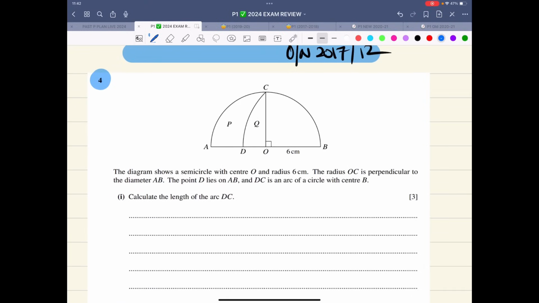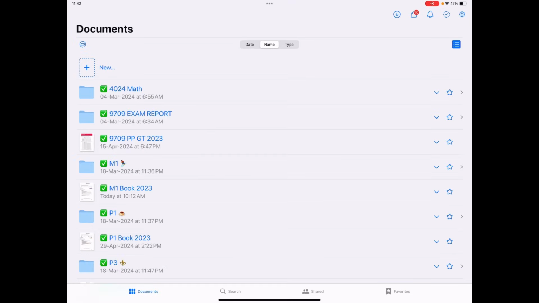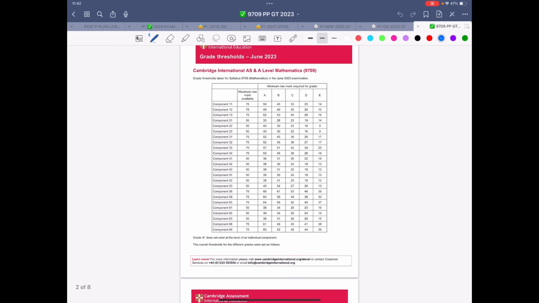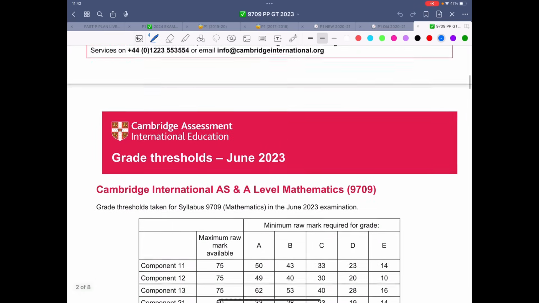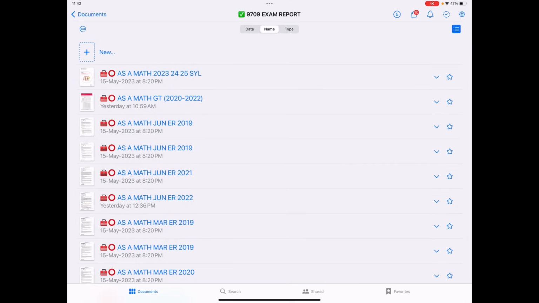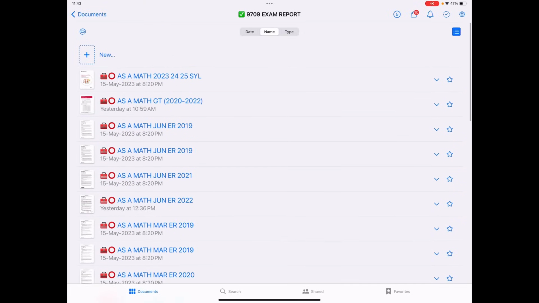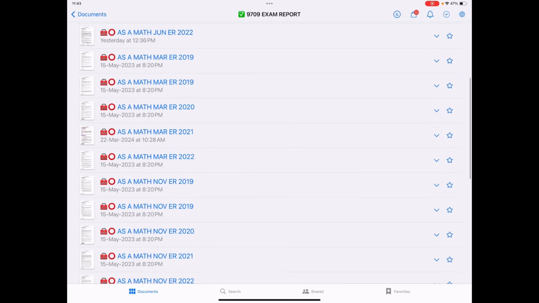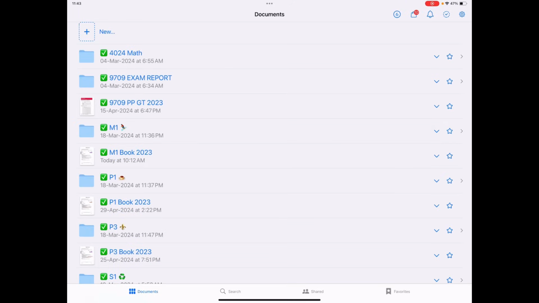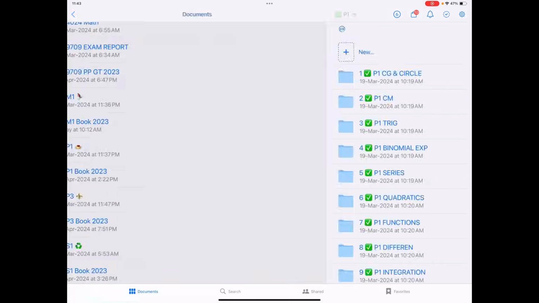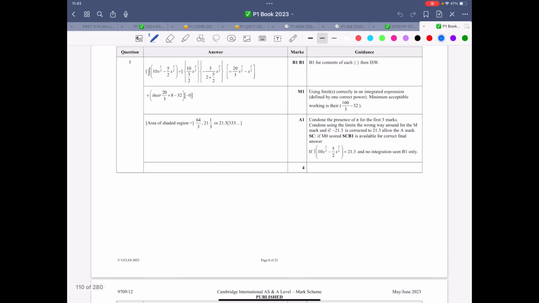Before that, let me get the thing ready. That is the grade threshold. That is one thing that I wanted to emphasize. And the exam report, the AS exam report, let me pick 2022 or 2023. I think I should have it. So this is the P1 paper, not this thing, the booklet.